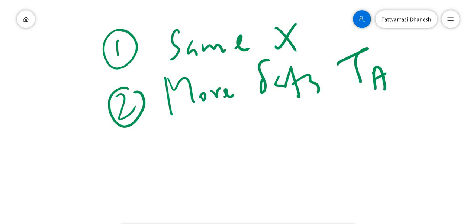The most important are that task A and task B have the same input X, and you have a lot more data for task A than task B. These points are very important when you talk about what to transfer, when to transfer, and how to transfer.